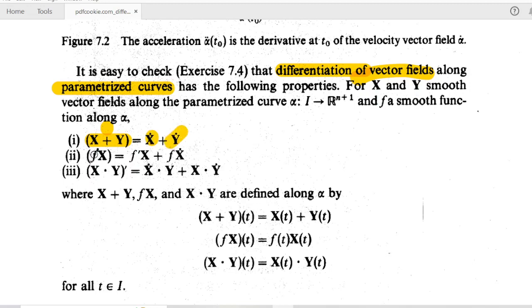Second, f into x bar the whole dot is f dash into x bar plus f into x bar dot. Third property is x bar dot y bar the whole dash is equal to x bar dot dot y bar plus x bar dot y bar dot.